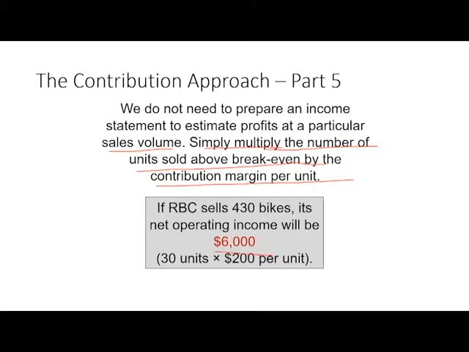It comes from the difference between the break-even point of 400, if you still remember from the previous slide, and the 430. 430 minus 400 is the difference on which the company will earn a profit. So 30 units times 200 per unit, the CM per unit. So in total we get a net operating income of 6,000.